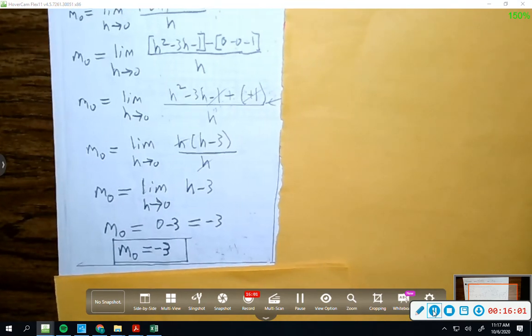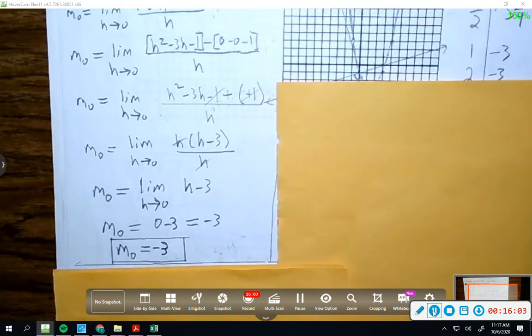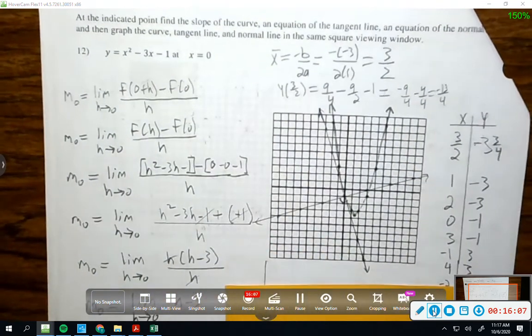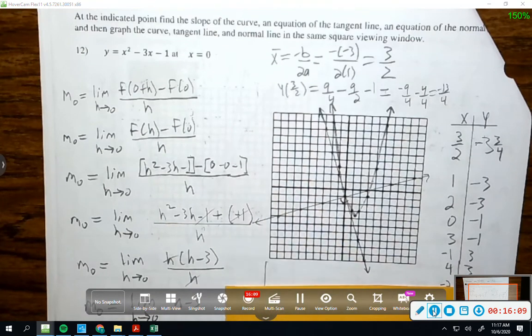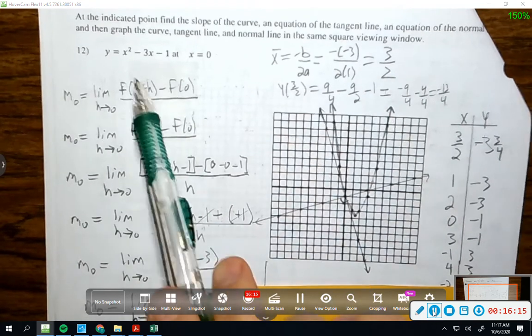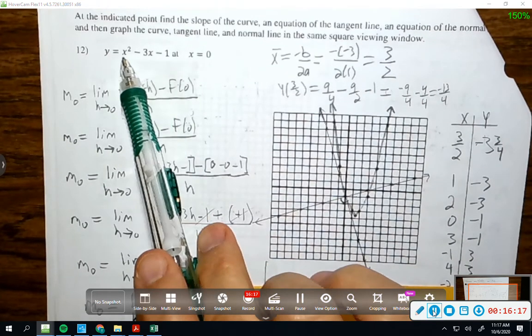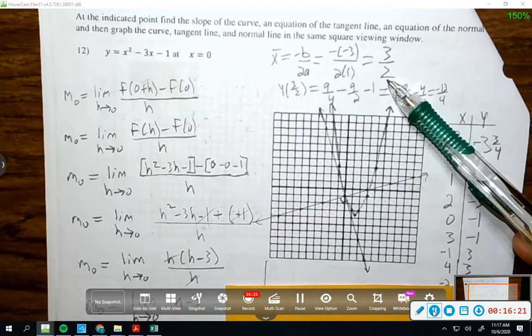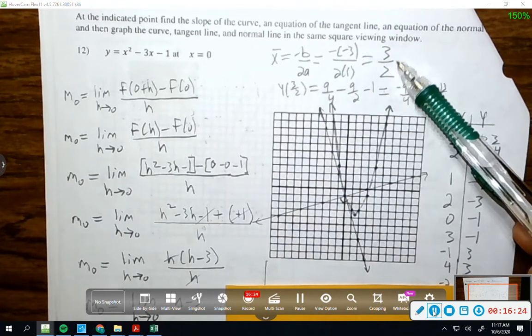So the graphical portion of this becomes a little bit more complex because now, where is the vertex? I show the work up here. If you need to pause it a little bit longer so you can write it down, you can. But it's negative b over 2a. b is negative 3, a is 1. We get 3 halves out. The only way to get the y-coordinate of the vertex, though, is to plug 3 halves back into the function.